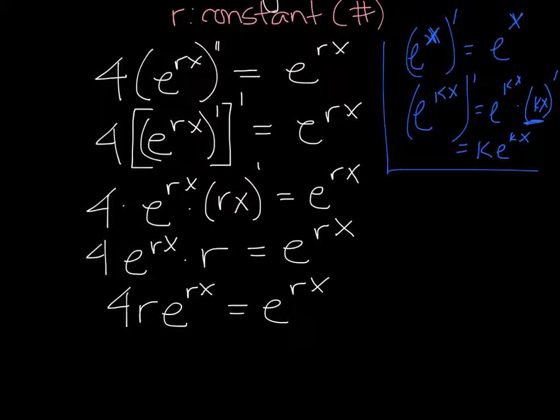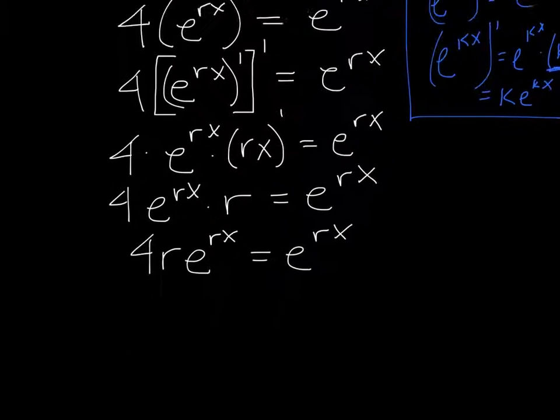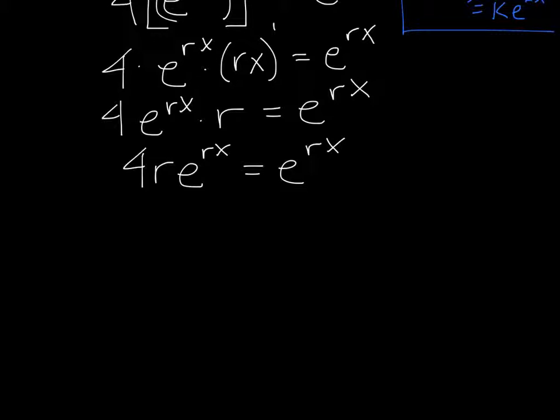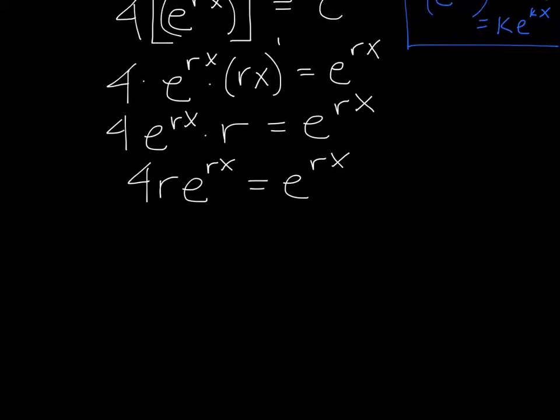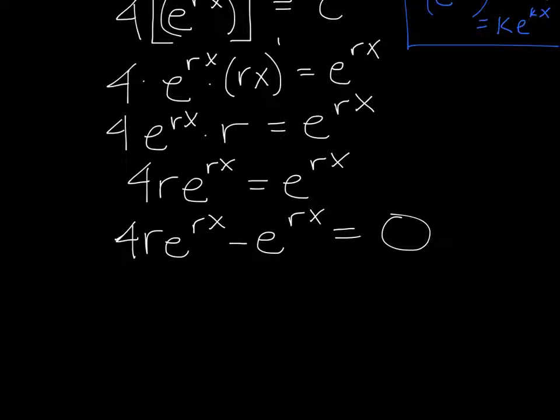This one has obviously an exponential equation. Again, very important equation that we'll be using. I'm going to subtract e to the rx from both sides because I want 0 on the right hand side of my equation. Think of quadratic equations.